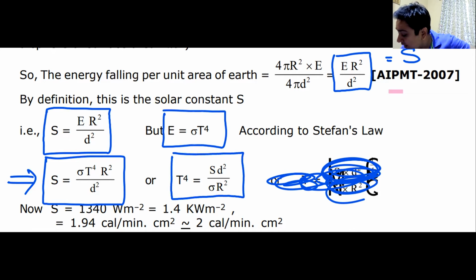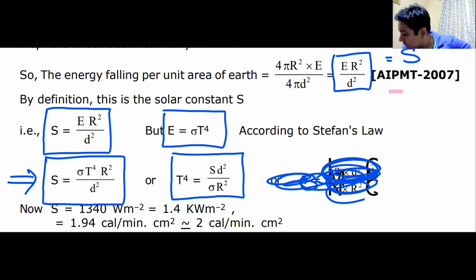From here, you can find out the temperature of sun. You can find out the temperature of any star using this if you know the radius of the star and you know the distance between the star and us. And you know the solar constant.